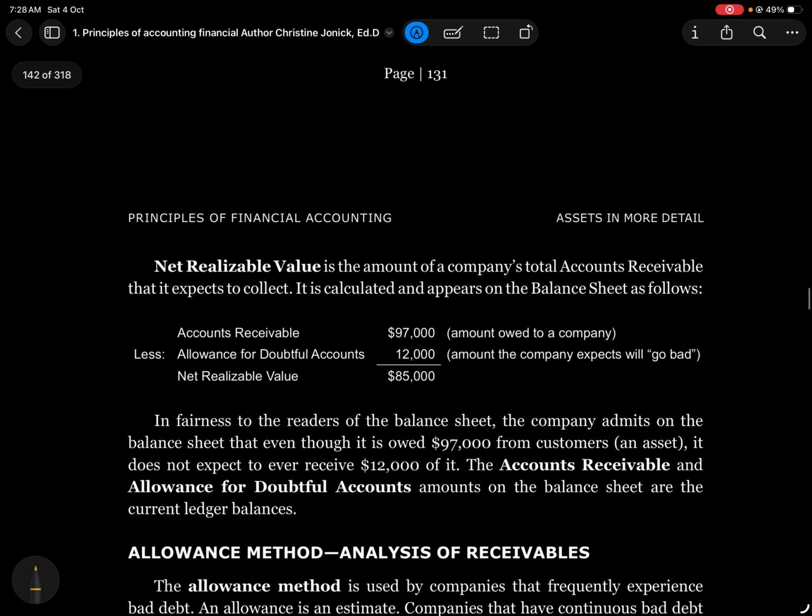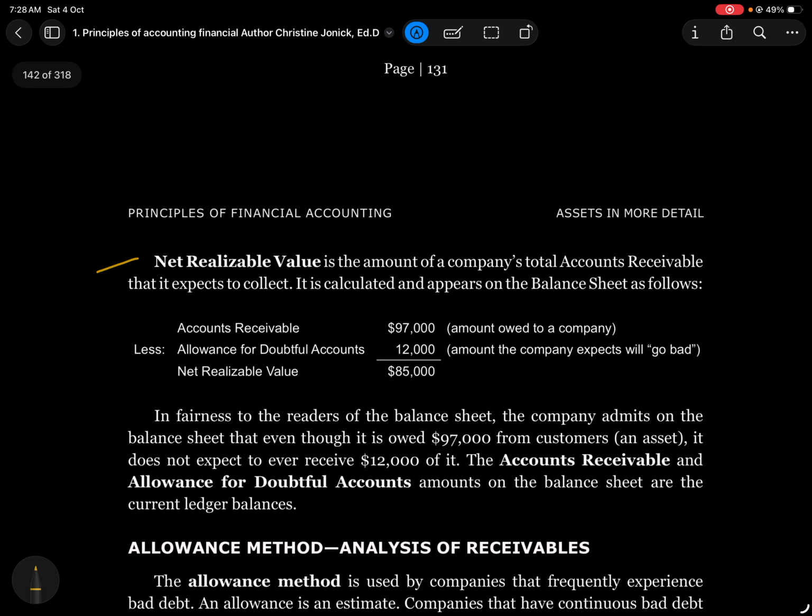Another concept is net realizable value. AR is 97,000 and your allowance is 12,000, which is how much we expect to go bad. And 85,000 is our net realizable value.